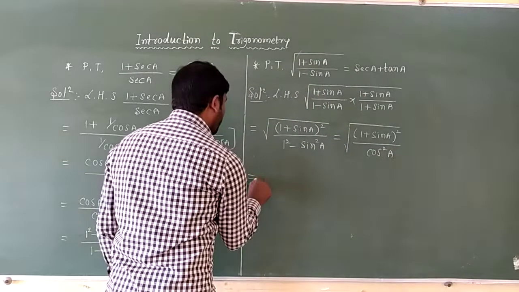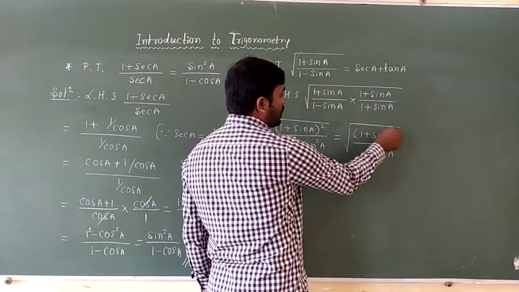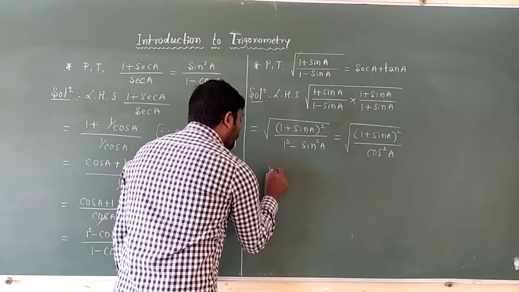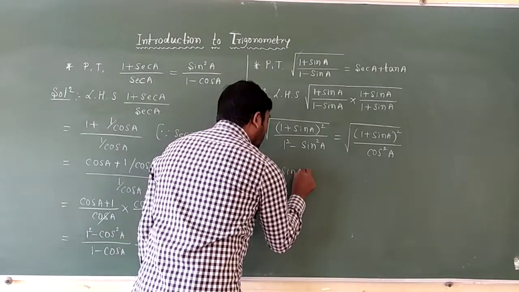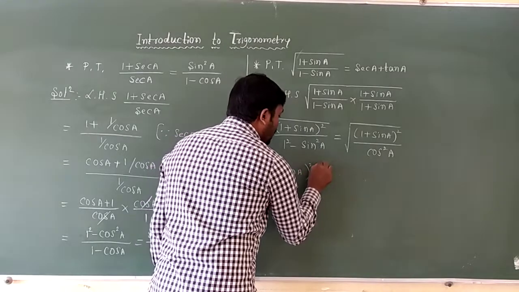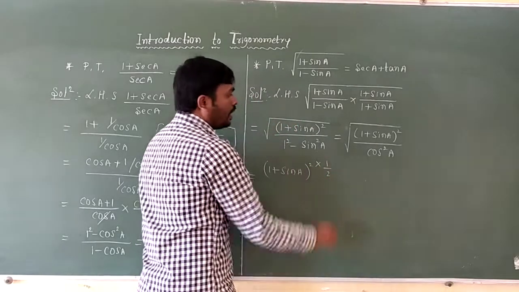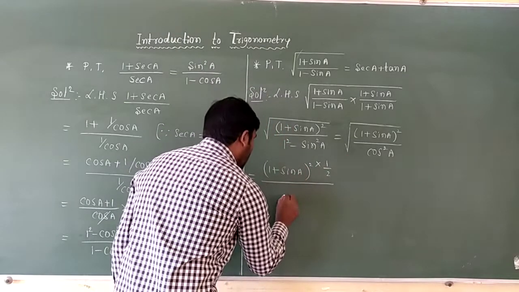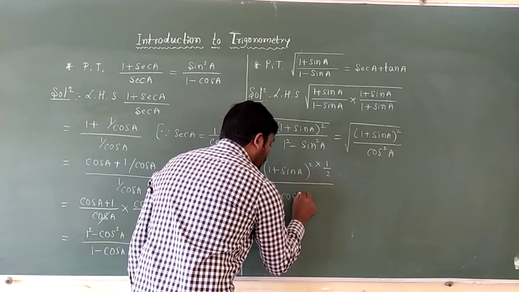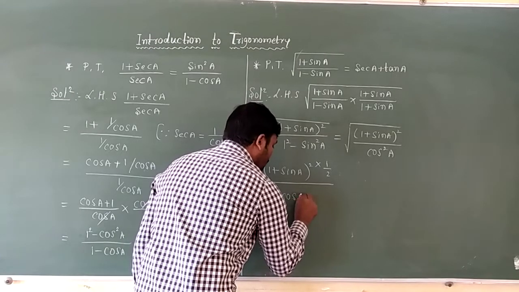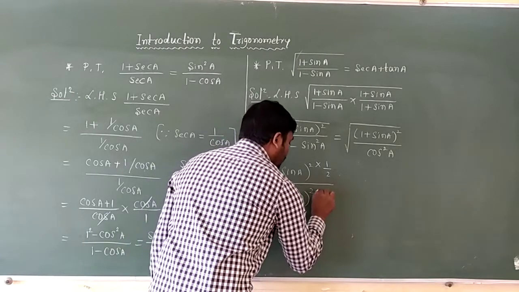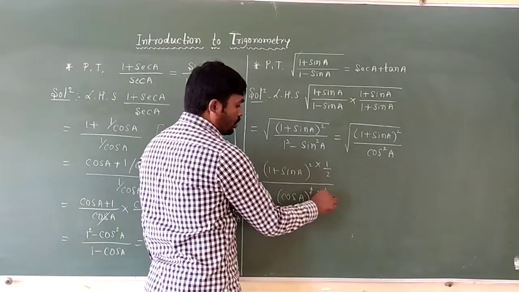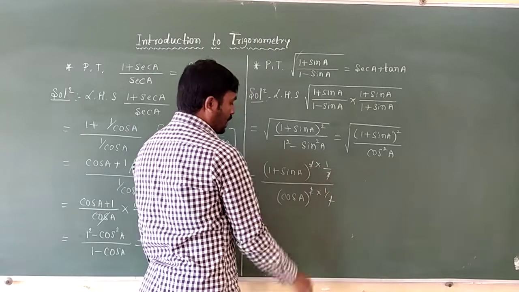Here square and square root cancel, or if we write this in index form, it becomes (1 plus sin a) whole square to the power 1 by 2, divided by (cos a) whole square to the power 1 by 2. So the powers 2 and 1 by 2 cancel.